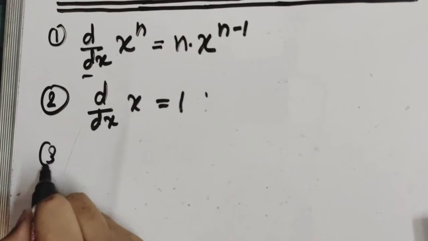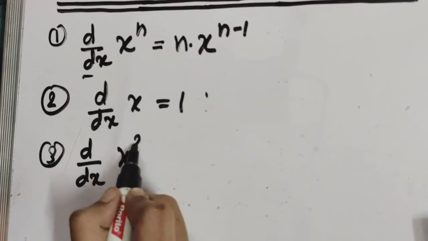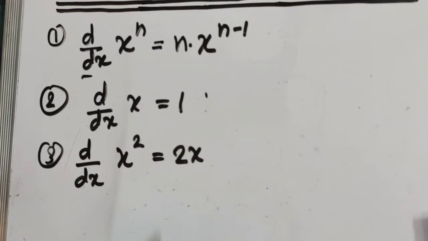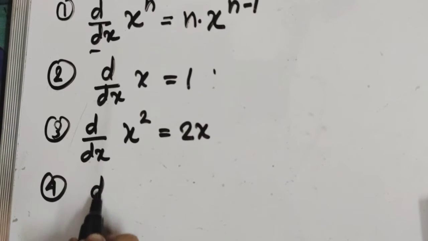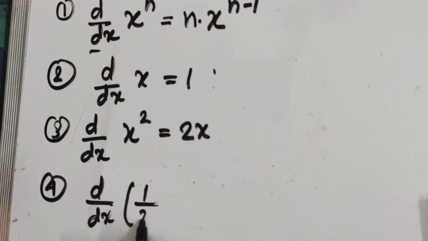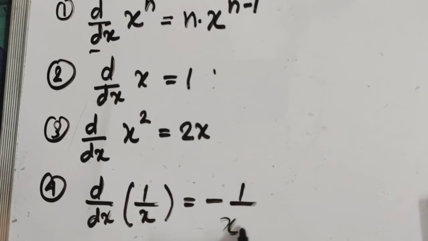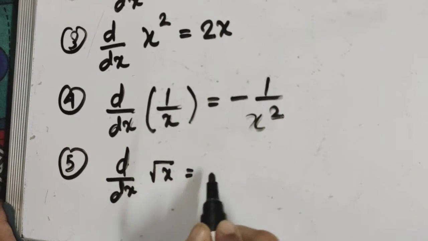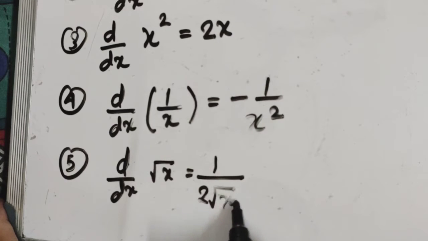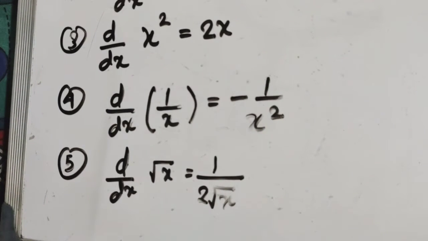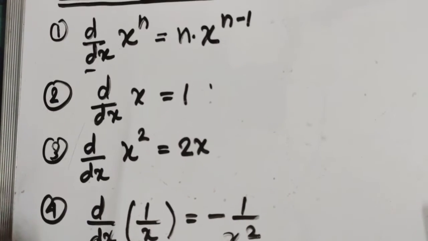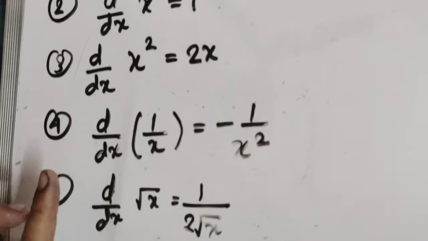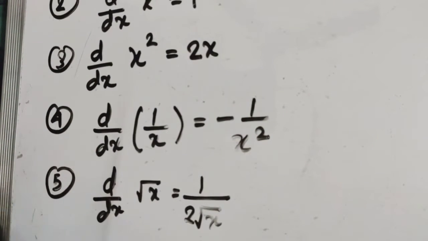The third rule is d/dx of x squared, that is 2x. The fourth rule is d/dx of 1 by x, that is minus 1 by x squared. The fifth rule is d/dx of root x, that is 1 by 2 root x. For the second, third, fourth and fifth rules, if you apply the first rule over these four terms, x, x squared, 1 by x, and root x, then you can see the formula.